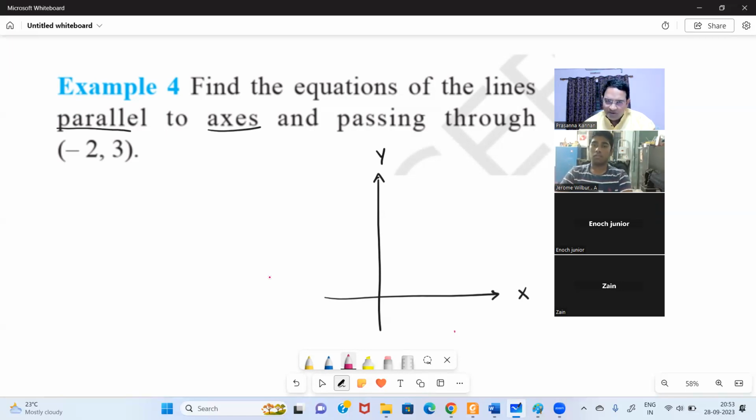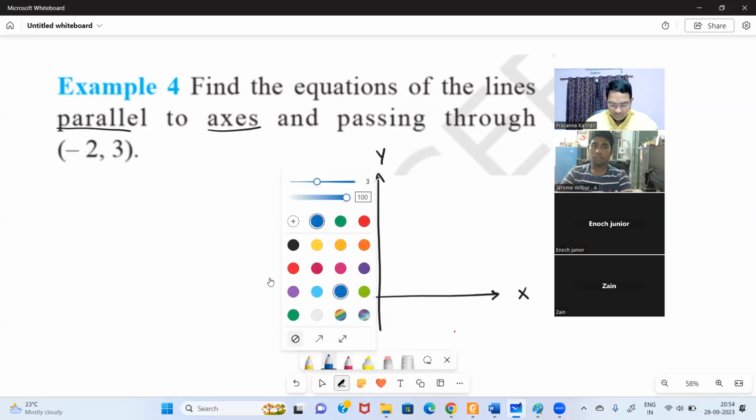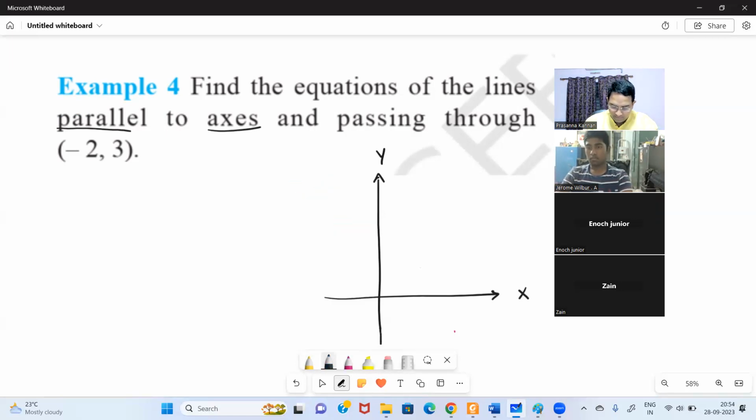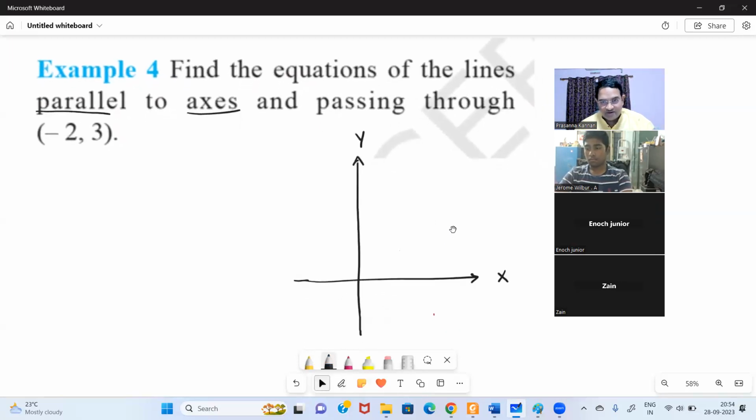Okay, very simple. And both these lines must pass through the point. Which point? -2, 3. Exactly. So the question is, can you find the equations of those lines, right? Can you tell me how to do that? Very, very simple. First, tell me where is this point, guys?